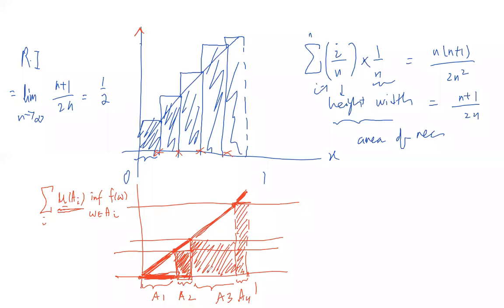So over here, this will be the base, and then you have a height. The height is basically the infimum of the function for values of omega that are within that particular set. This product gives you the rectangular bar area.